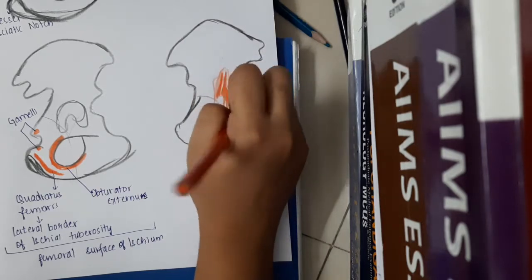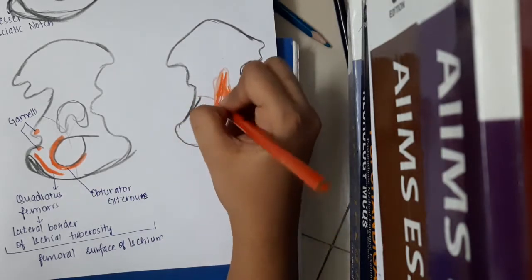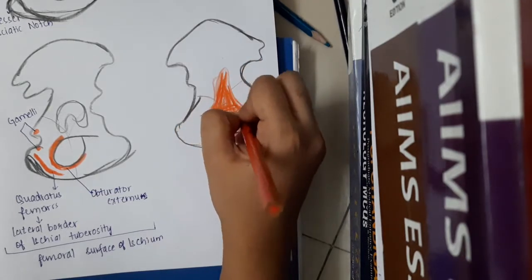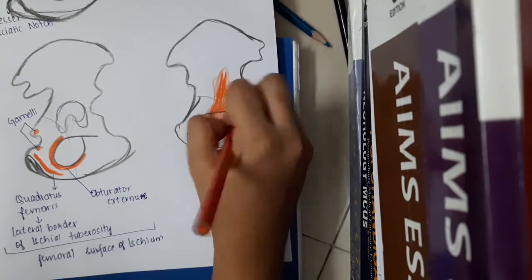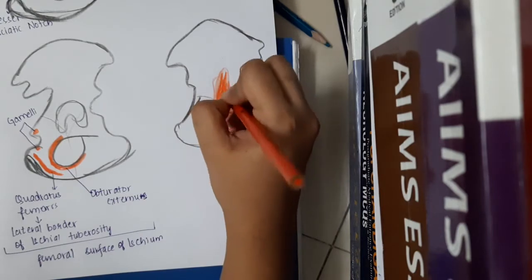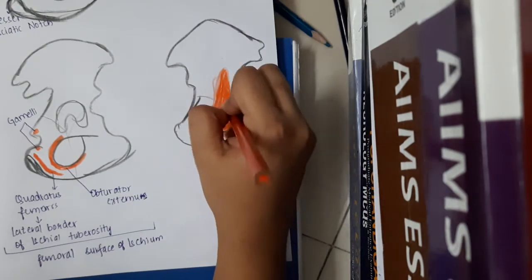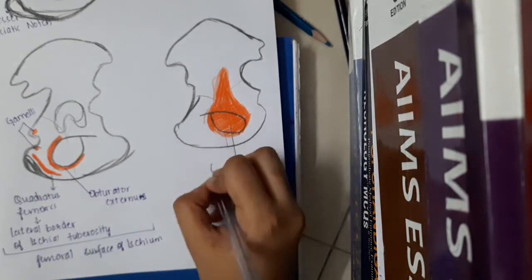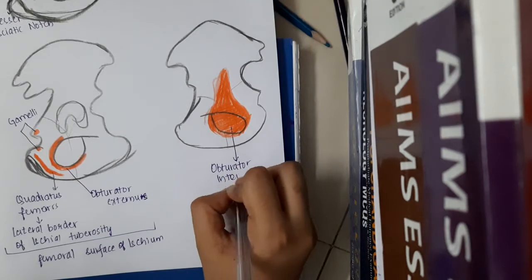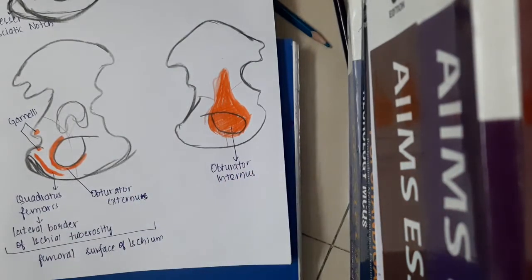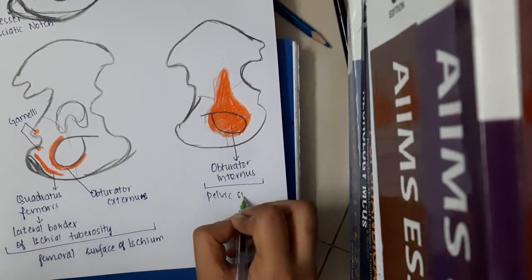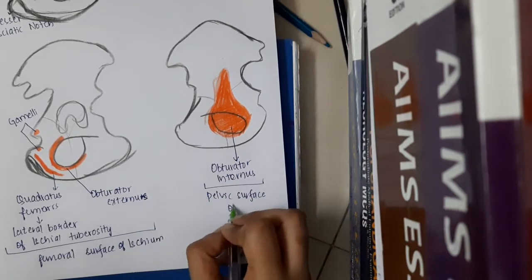So obturator internus covers the pelvic surface of ischium. Now we have completed the body of the ischium.